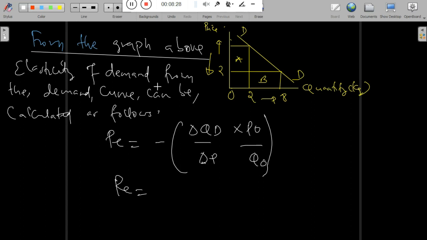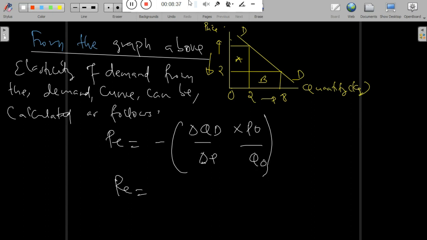So when you try to calculate this kind of price elasticity of demand, this means that our price elasticity of demand will be calculated in this form here.